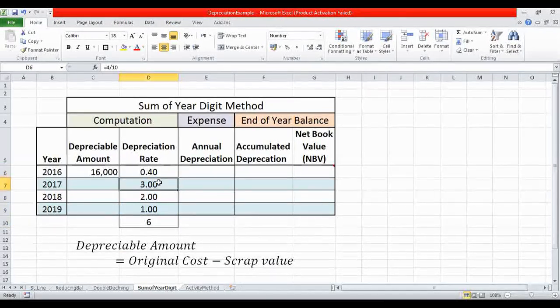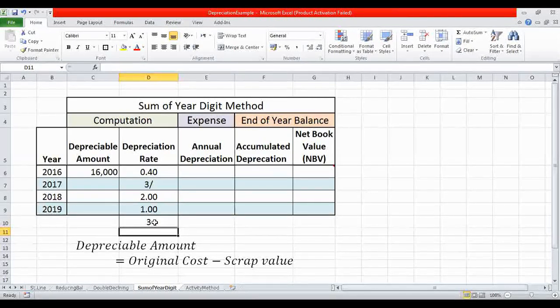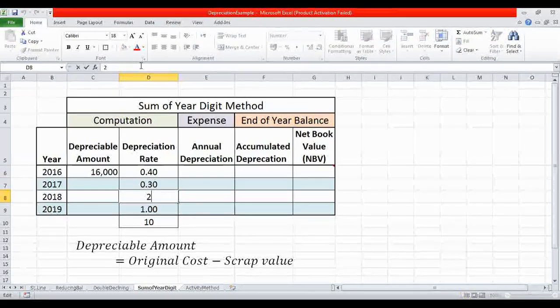Now for the next year, we are going to do exactly the same thing. 3 divided by, oh sorry, this is 10. So 3 divided by 10. Next 2, again we are going to divide it by 10.